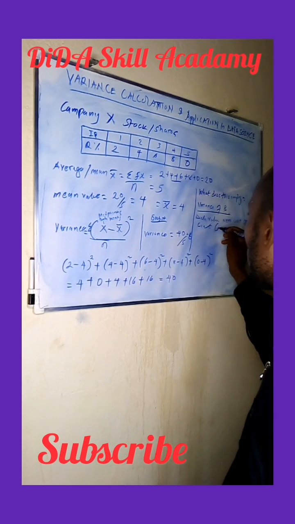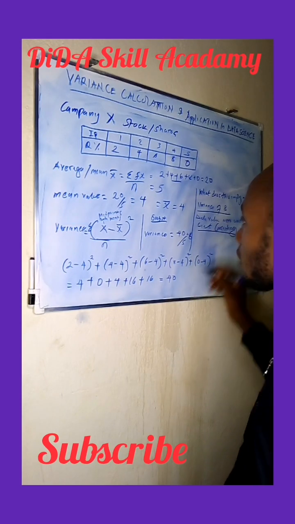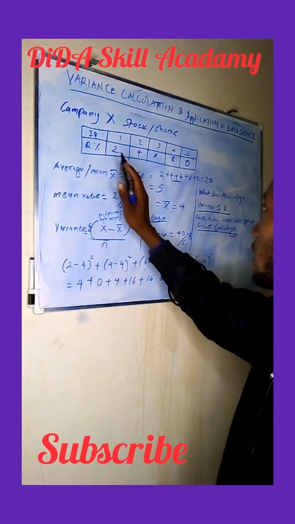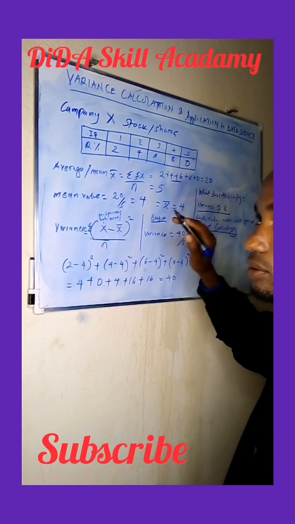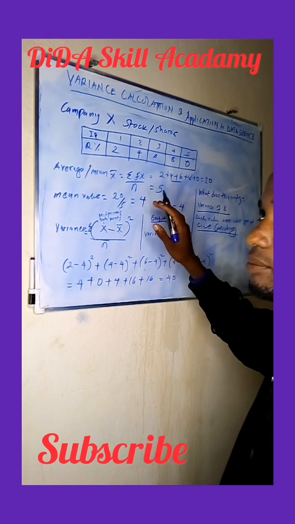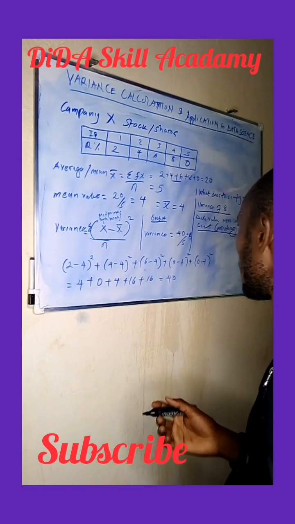So there was what we call consistency. At some point, there was consistency, or there was a spread. There was a consistent spread of numbers during the investment period.